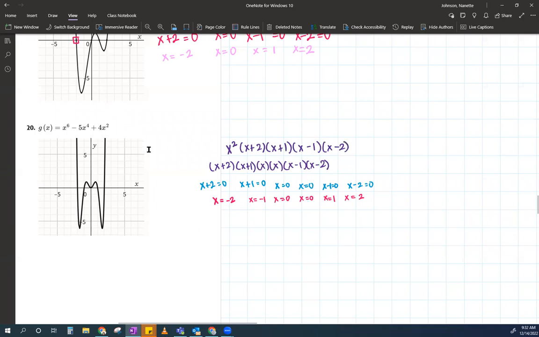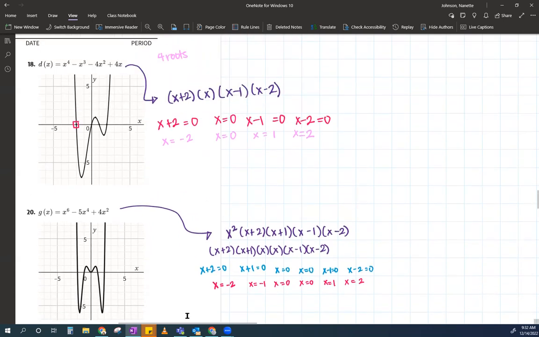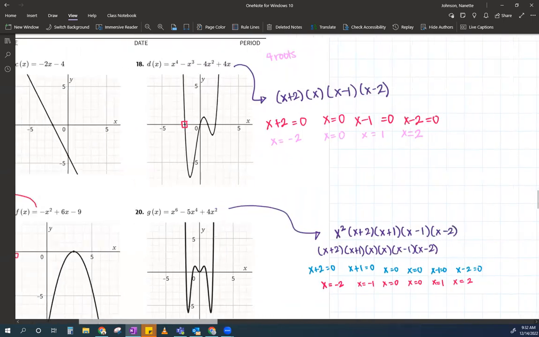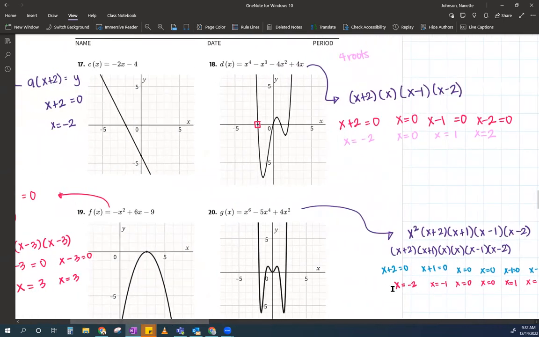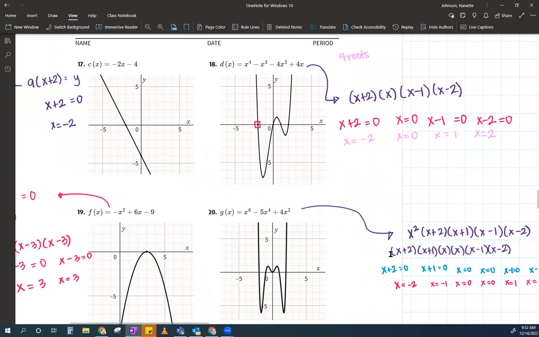But that's really it. That's how you would factor based on the graphs that they gave you. It's nice when they give you really clean roots like this. It gets a little bit more difficult when they don't give you clean roots like that. And we'll talk about that later on. But hopefully you're seeing this relationship between the roots and the factors, right?